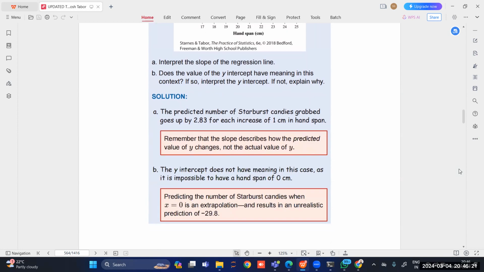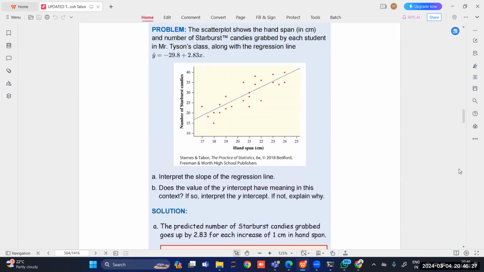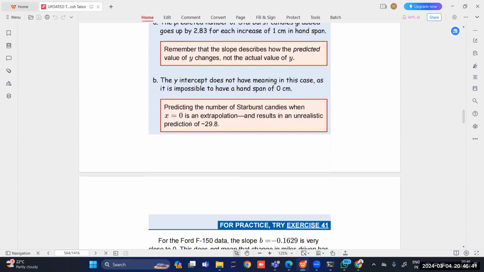The y-intercept does not have meaning in this case, as it is impossible to have a hand span of 0 centimeter. See, this y-intercept does not have a meaning here. It is meaningless. That's the thing.